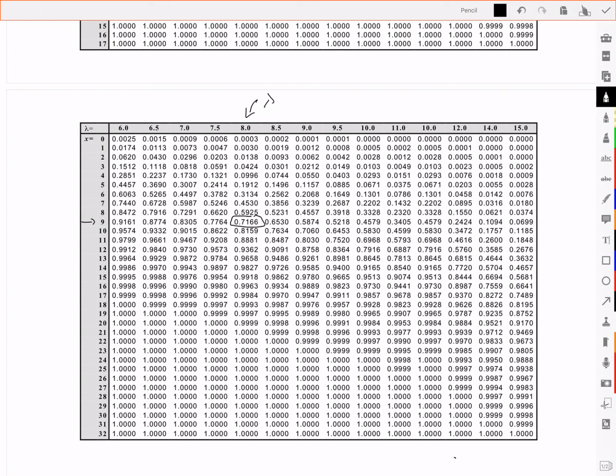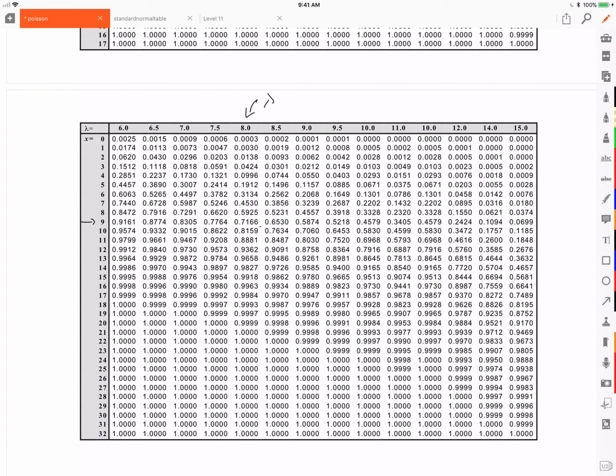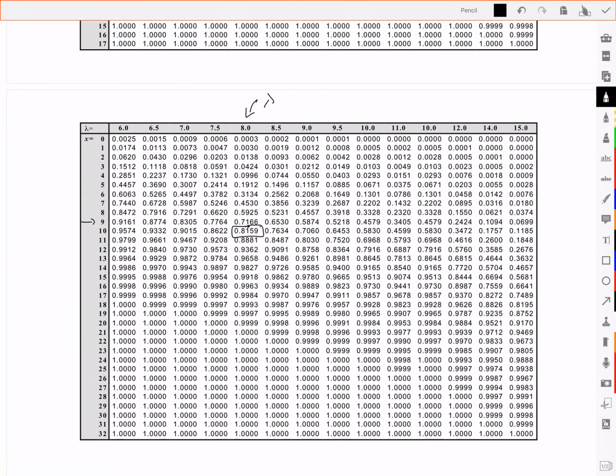So when it comes to the Poisson distribution, you always have to go with the number that's over the service level you're looking for. So we go down, lambda equals 8, and we choose this one because it's more than 75%, which means the optimal stocking level would not be 9, it would be 10.